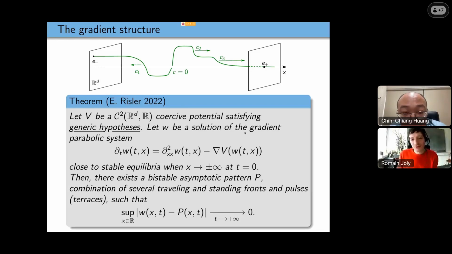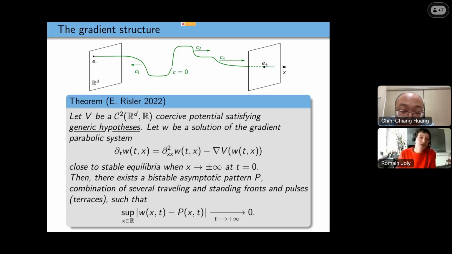Because actually the proof is really a proof using the gradient structure. So it's really what you can imagine. If you forget all the technicalities, it just says that you have an energy, you dissipate the energy, and so your standing pulse is somehow a local minimum of the energy.